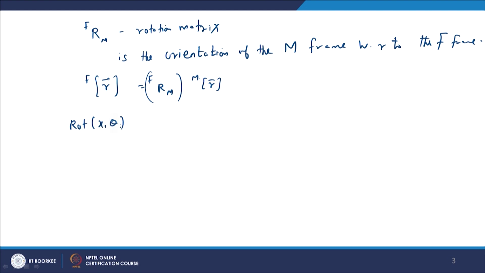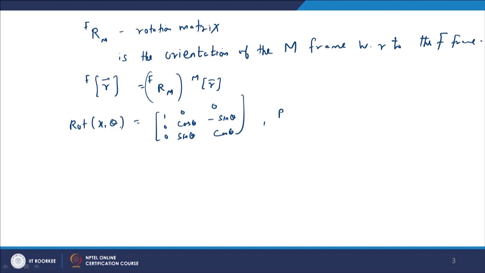That is, if we rotate the F frame about its x axis by an angle theta, it is denoted by 1 0 0, 0 cos theta sin theta, and 0 minus sin theta cos theta.